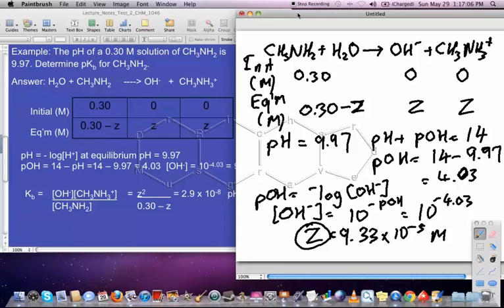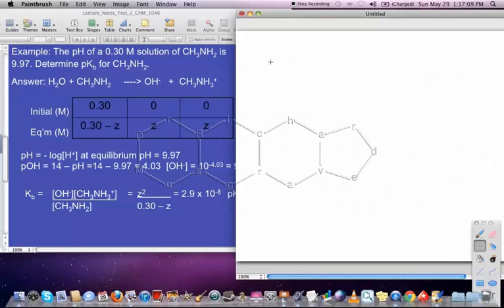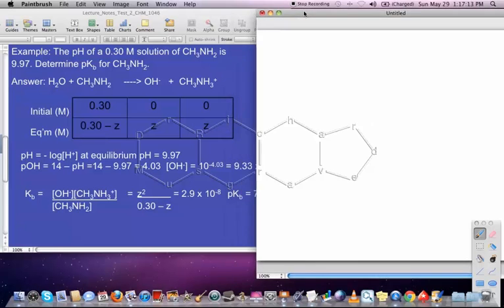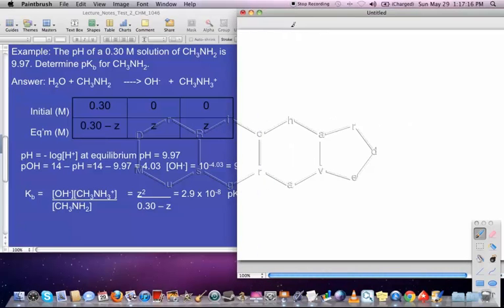Get rid of all of this. Let's now look at how we calculate the Kb expression.